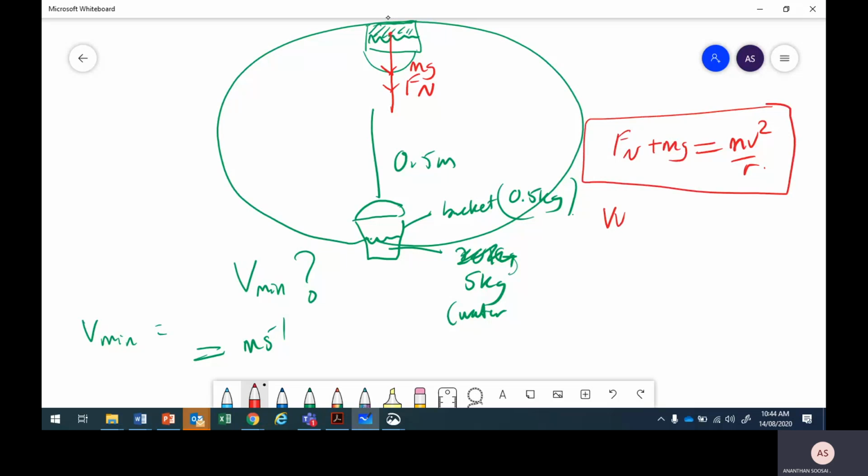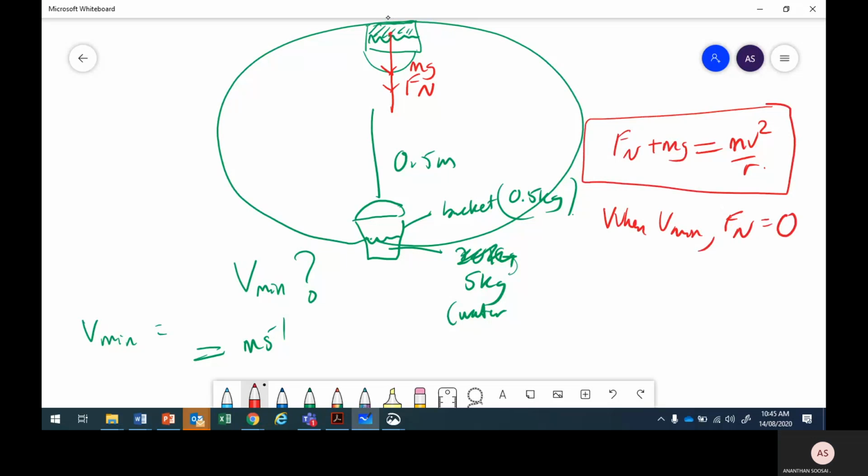So when V is minimum, the normal force should be 0. The minimum normal force you can attain without spilling is 0. The water experiences weightlessness, like the passenger in the roller coaster. For the roller coaster also, we are not considering the weight of the compartment, just the mass of the person inside.